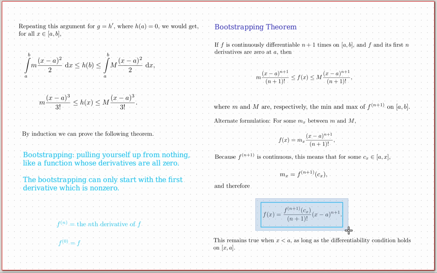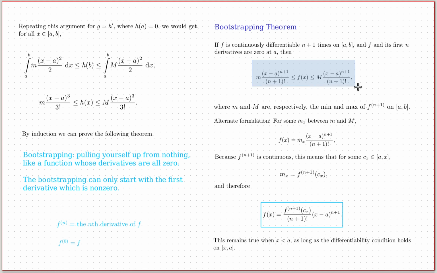But the same formulation that I have here works just as well when x is a point to the left of a, so if x is less than a, right? As long as the same differentiability condition holds, that f is n plus 1 times continuously differentiable on the interval. In this case, the interval would be from x on the left to a, and also that the derivatives are 0 at a.